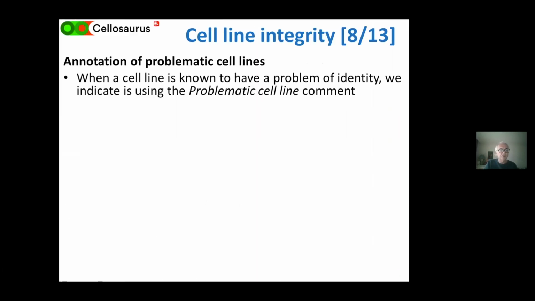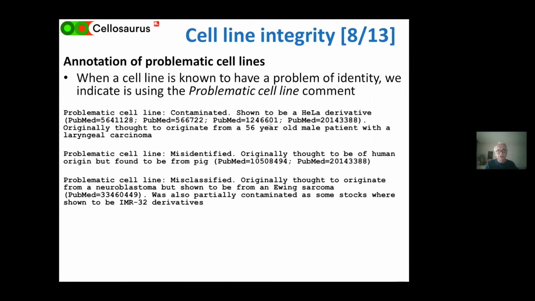Now in the Cellosaurus, we use a field called problematic cell line, of which I show here three different examples: one for a contaminated cell line, a HeLa derivative; one for a misidentified cell line, a cell line which was thought to be human, but is from pig; and one for a misclassified cell line, which was thought to originate from a neuroblastoma, but which is from an Ewing sarcoma.